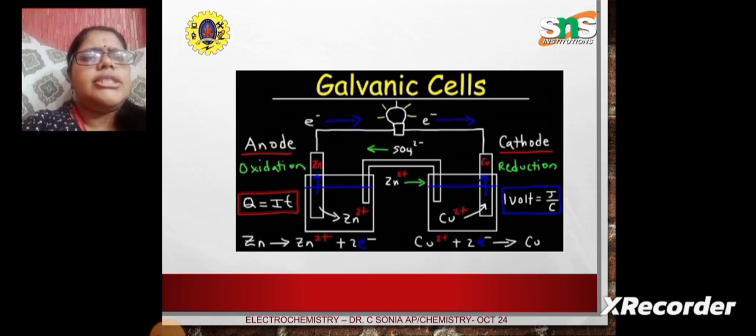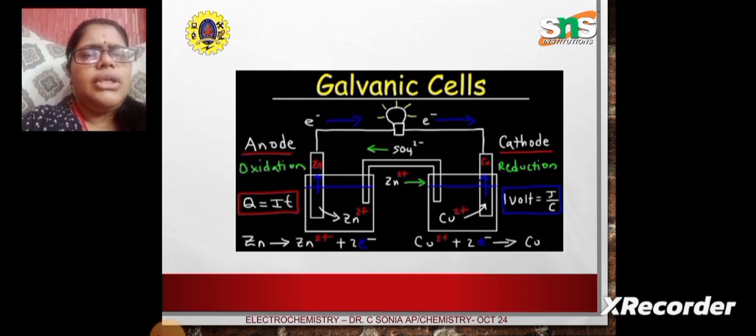So you can see the structure of the galvanic cell. It is drawn: anode, oxidation, on the zinc side. Oxidation reaction takes place over there, and we can see the zinc ions Zn2+ coming out.